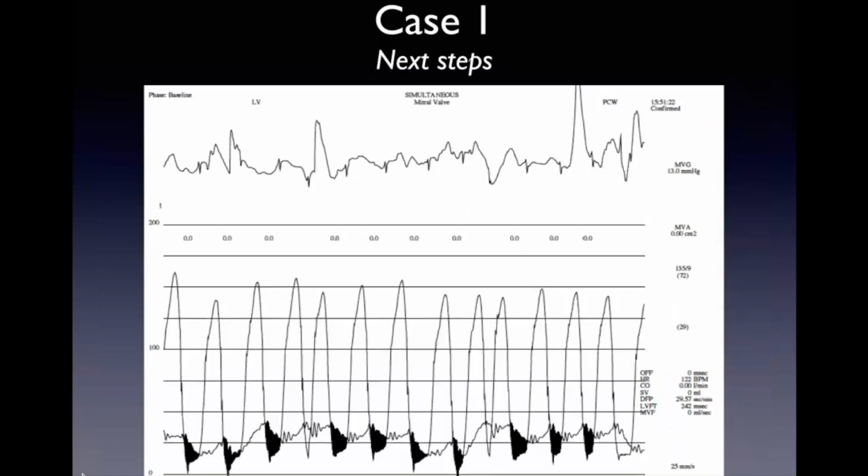With the occlusion of the ASD, the mean gradient across the mitral valve has now gone up to 13 millimeters of mercury, which is now clearly in the severe range. So it nicely shows the effect of the atrial septal defect on the mean gradient across the mitral valve, purely flow-based.